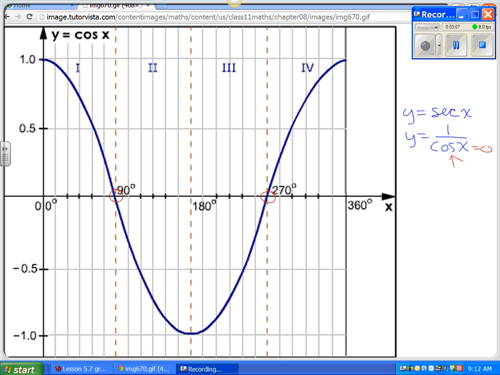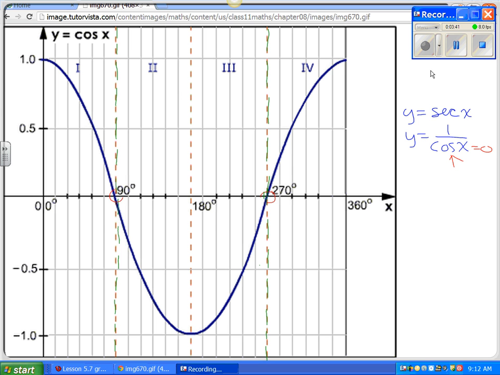So with that same colored pencil, I would like you to put a vertical dotted line to represent those asymptotes. So you're going to have a dotted line at 90 and 270. Those are going to be your asymptotes.